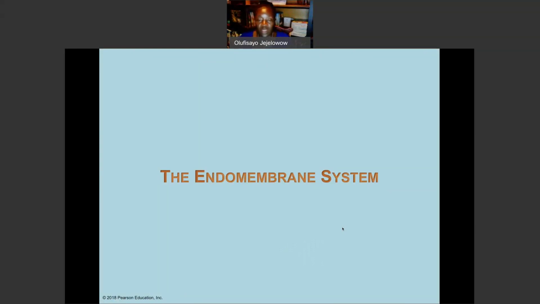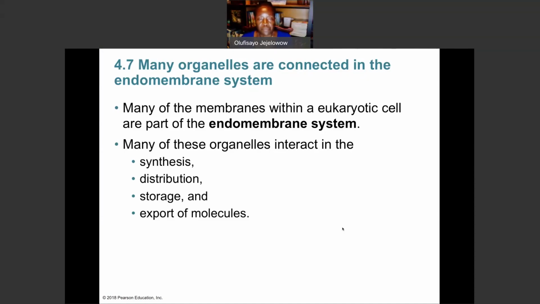Now let's take a look at the endomembrane system. Many organelles are connected in the endomembrane system. Many of the membranes within the eukaryotic cells constitute part of the endomembrane system.